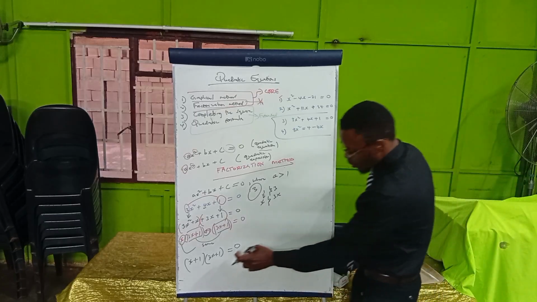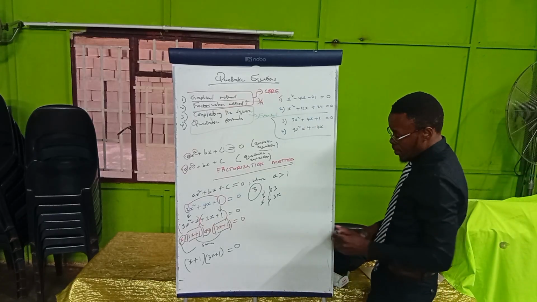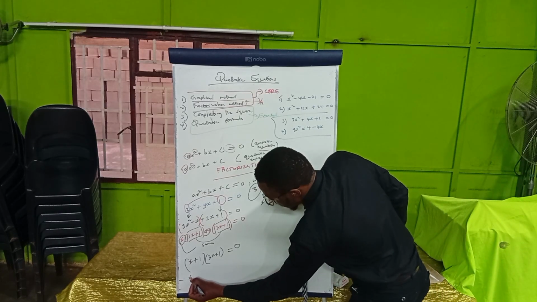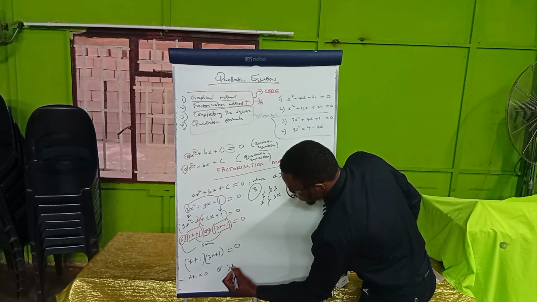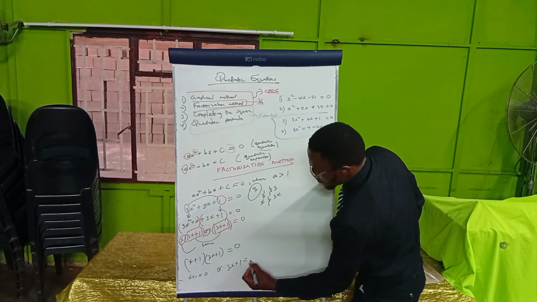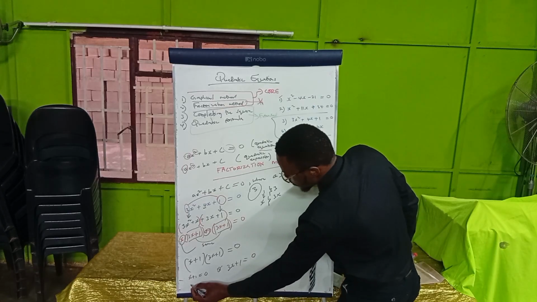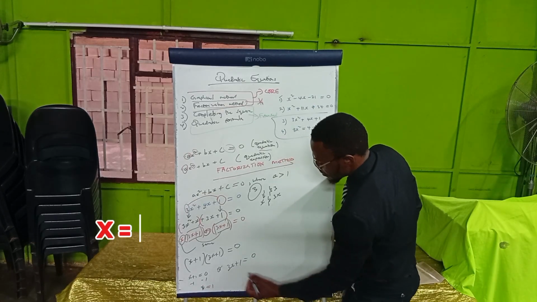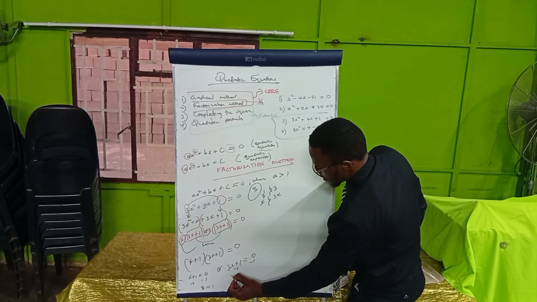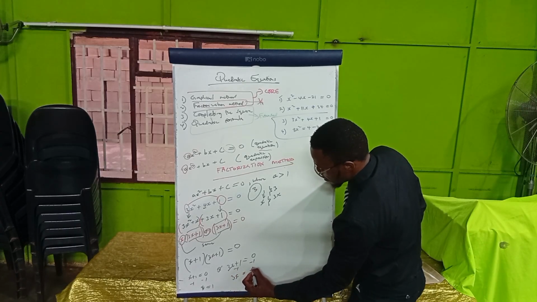Now we should solve because we've got an equal sign. So solving, x plus 1 is equals to 0, or 3x plus 1 is equals to 0. So subtract 1 both sides, x is equals to negative 1. Subtract 1 both sides, 3x is equals to negative 1, divided by 3.